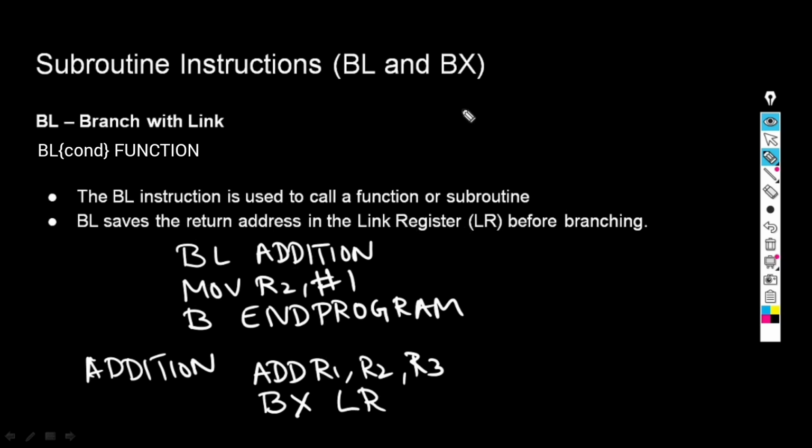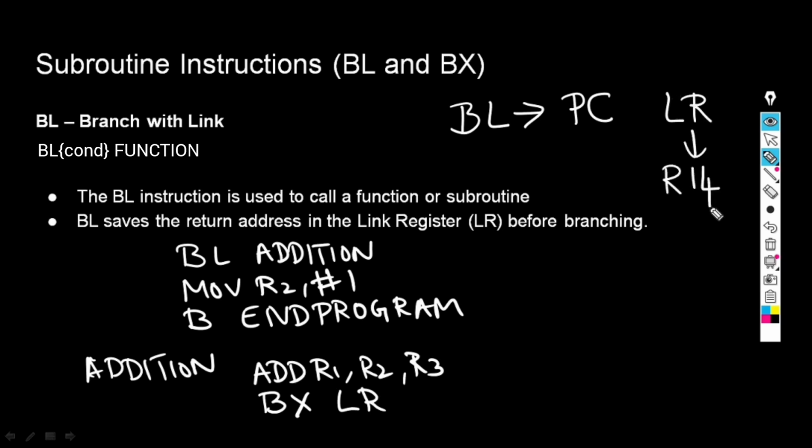Let's understand what happens here before going through all these points. Whenever you think about branch with link, there are 2 registers getting affected. One is program counter, as we expect. One more is link register. We already know program counter needs to store the address of the next instruction to be executed. But what about link register? This register is nothing but register R14.